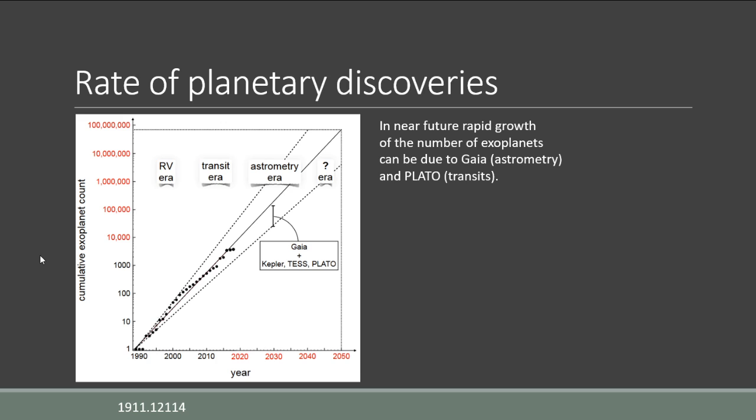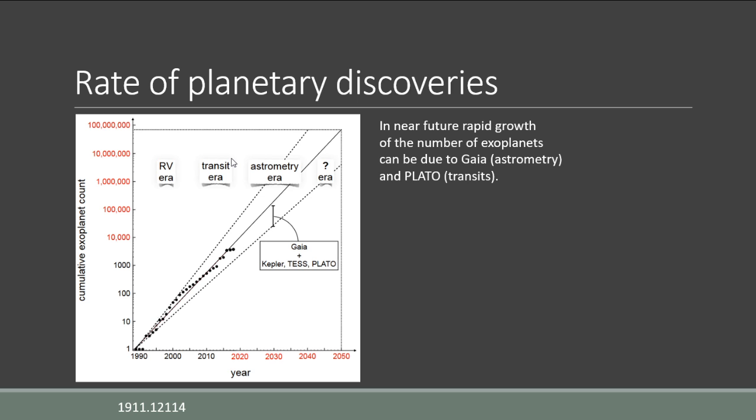So you see that in different periods of time, different methods are more effective than others. The story of exoplanets started with radial velocity measurements. Then with the launch of Kepler especially, we entered the transit era.